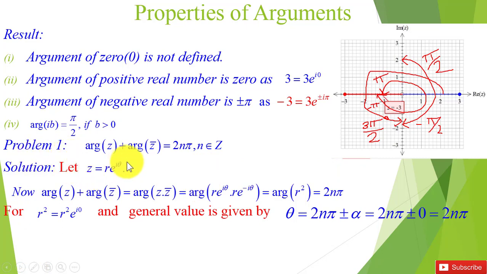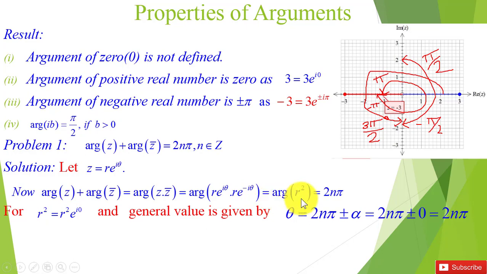Now problem 1. Argument z plus argument z bar is equal to twice n pi, where n belongs to Z. Let z is equal to r e raised to the power i theta. Now argument z plus argument z bar is equal to argument z into z bar is equal to argument of r e raised to the power i theta into r e raised to the power minus i theta.